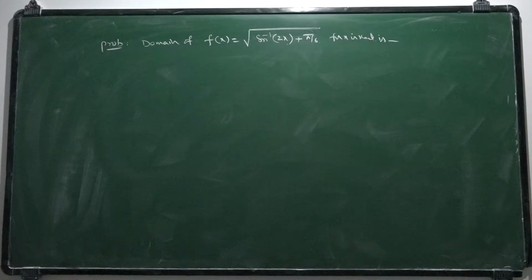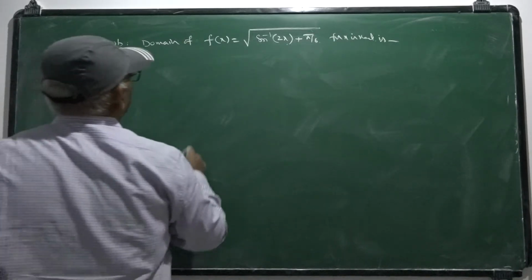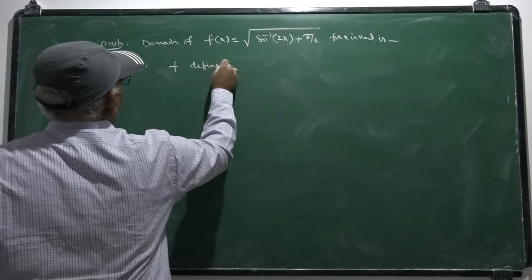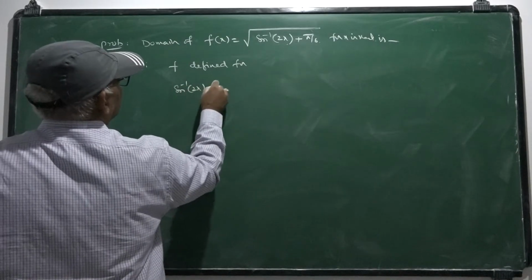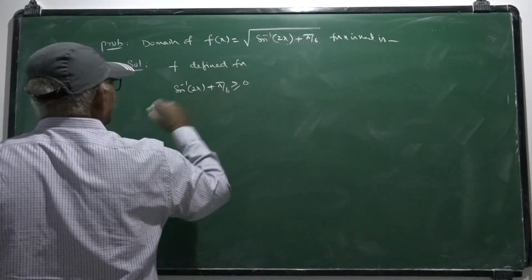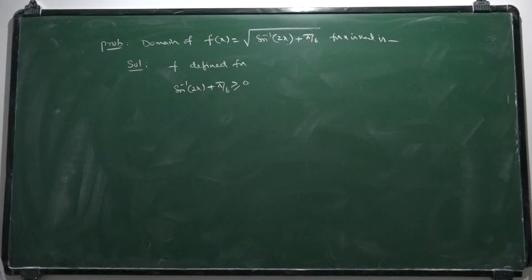So f is defined for sin inverse of 2x plus pi by 6 greater than or equal to 0 only.